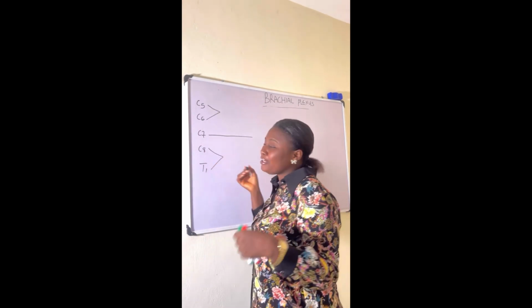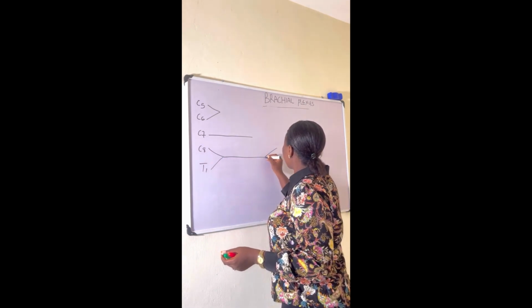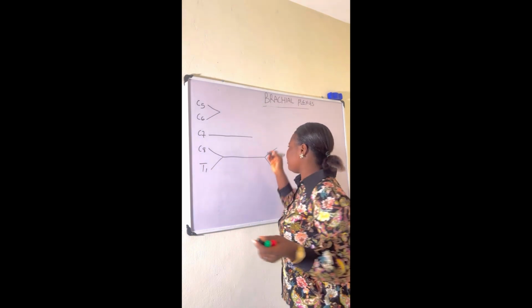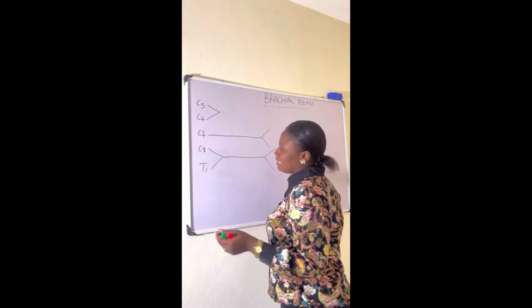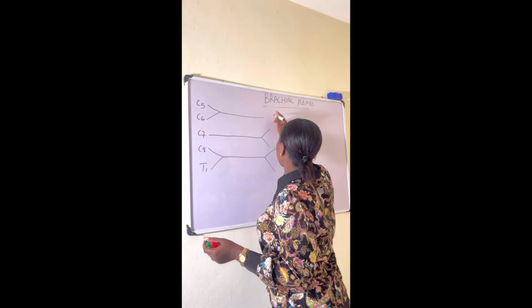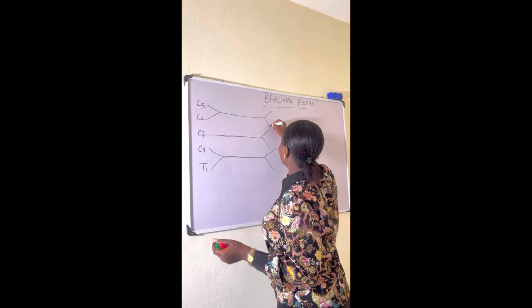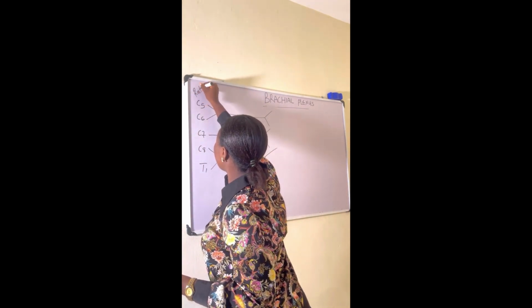C8 and T1 are going to get married. Then C8 and T1 are going to give birth to 2 children. C7 did not get married but probably adopted 2 kids as well. Then C5 and C6 got married and gave birth to 2 children.